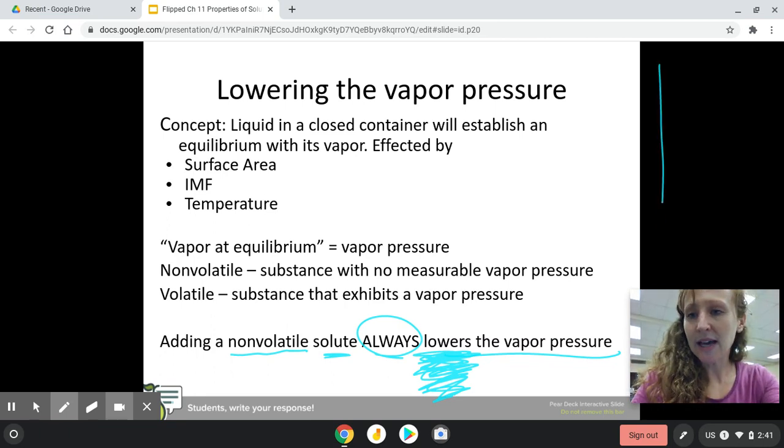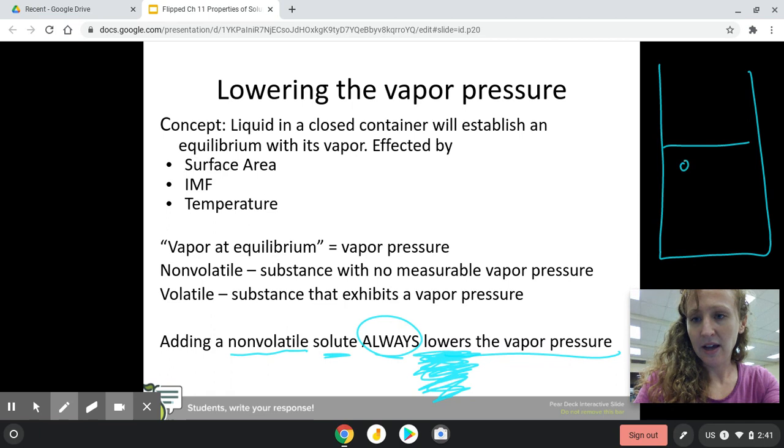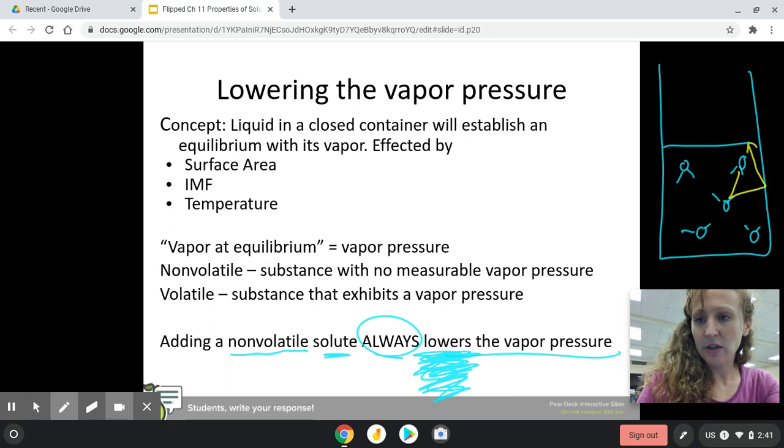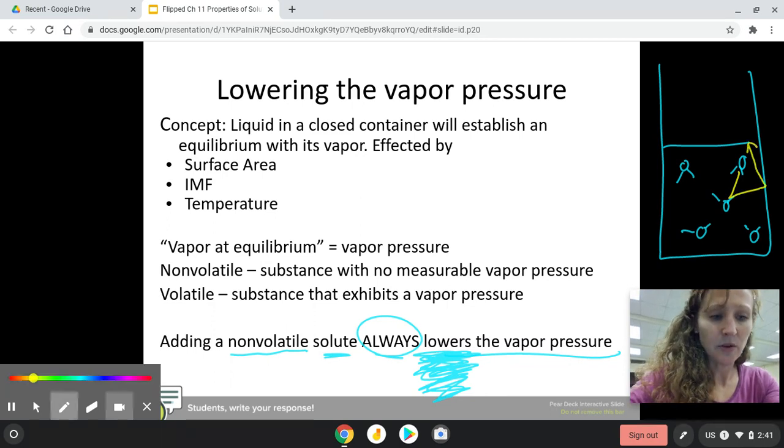So like we said, with vapor pressure, here's our liquid line. I have lots of water molecules in here, okay? As these molecules bounce around, they're going to hit each other. They're going to hit the side. Eventually, they're going to hit the surface, and some of those water molecules are going to escape into the atmosphere.